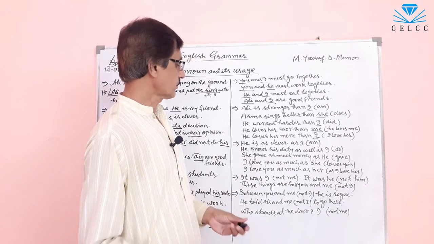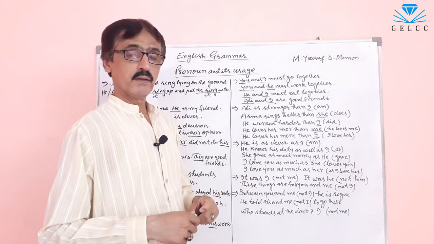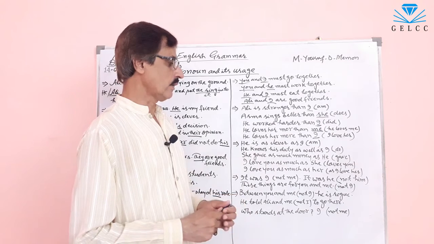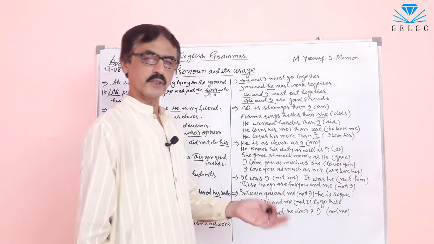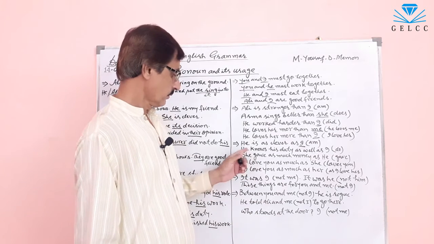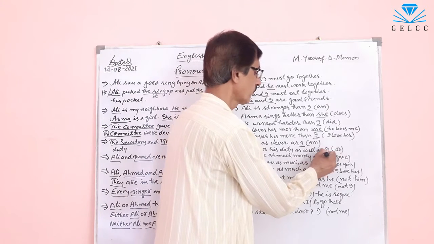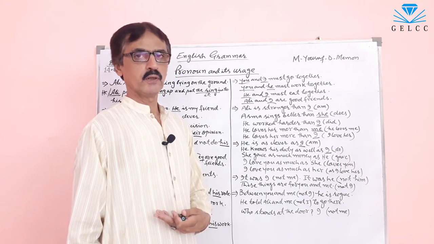Now, next. Same is the case in comparison with as. He is as clever as I. He is clever, I am also clever. He is as clever as I am. He knows his duty as well as I, not me. He knows his duty, I know my duty.